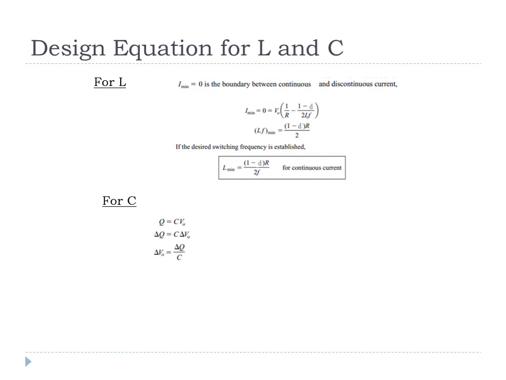For C, we can use the expression Q equals C into V naught, or change in Q equals C into change in V naught, which can further be written as delta V naught equals delta Q upon C. So how do we determine it further? Delta Q is nothing but the area under this curve.